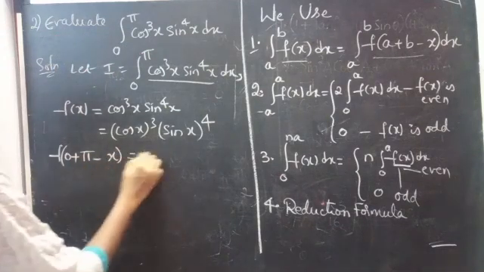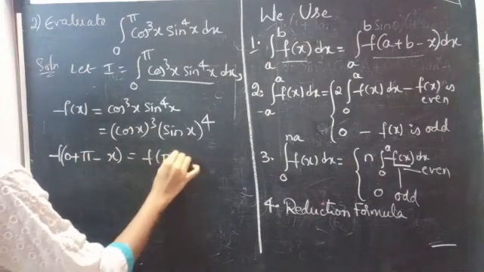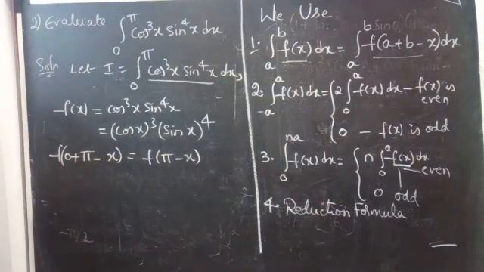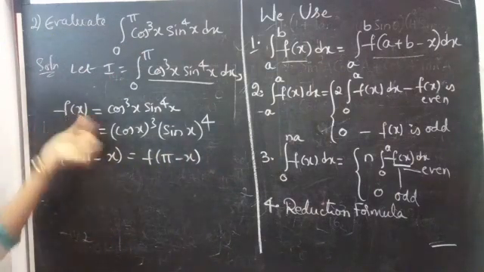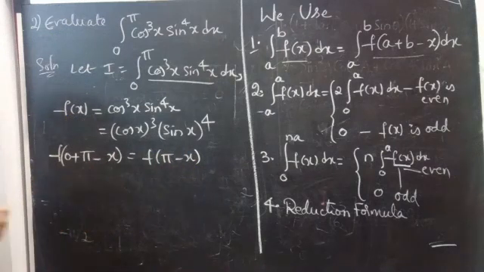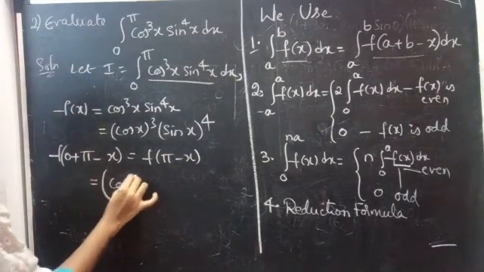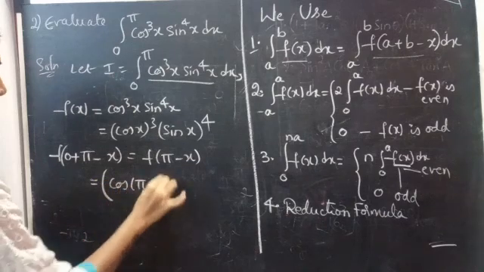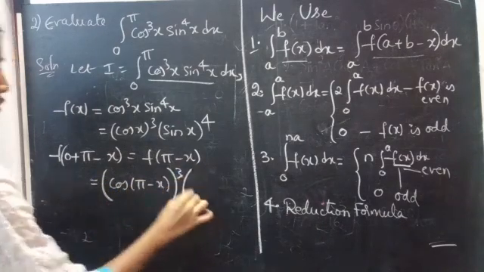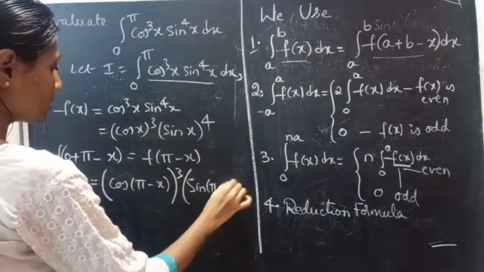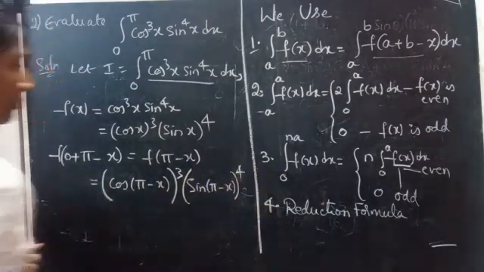So this equals f of pi minus x. Now we'll replace x with pi minus x. So this equals cos of pi minus x whole cube into sin of pi minus x whole power 4.